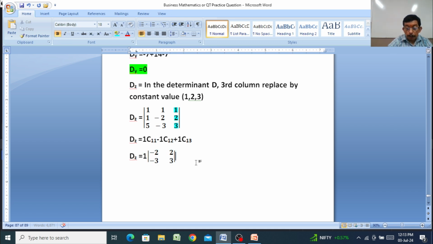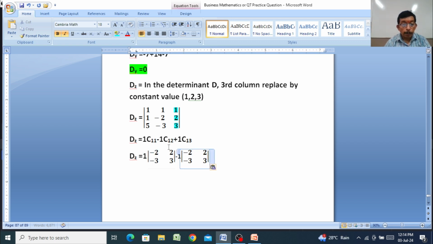Now -1 is the next element, and the corresponding cofactor is C12 in the form of a determinant. By deleting the first row and second column, the remaining elements are 1, 2, 5, 3.